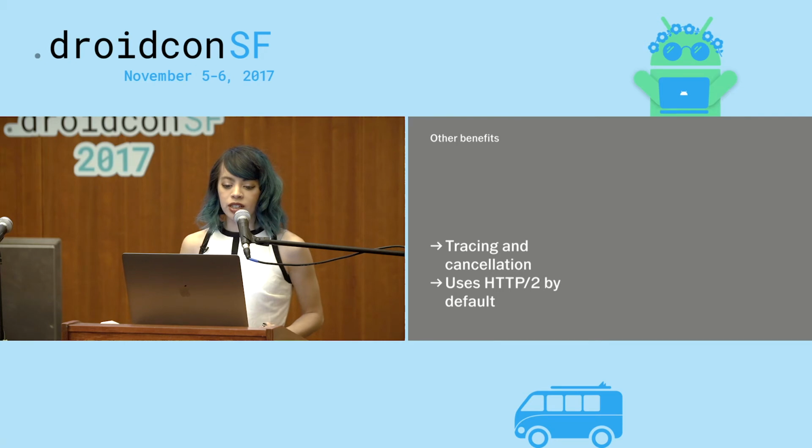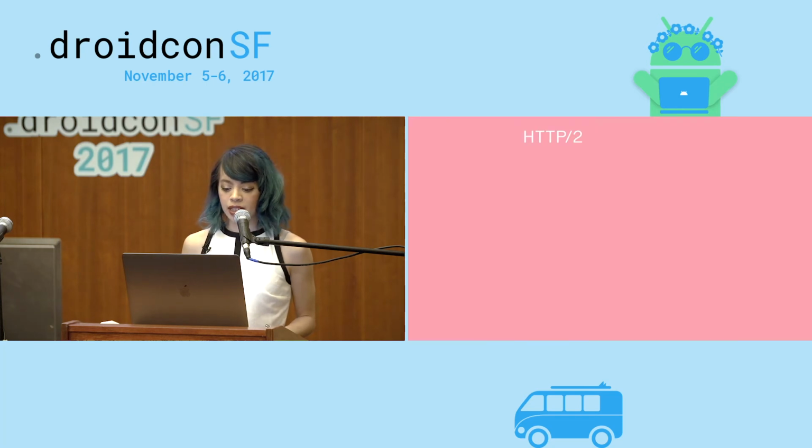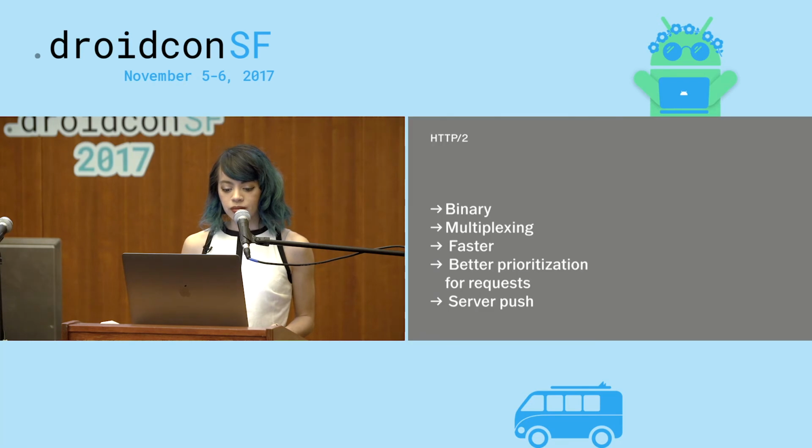And lastly, gRPC uses HTTP2 by default, which is the latest version of HTTP. And I'll talk about that a little bit. Let's talk about what the changes are from the earlier versions. One is that HTTP2 is a binary protocol, meaning that, like I described before with protobufs, it's more efficient, more compact, and also less error prone.